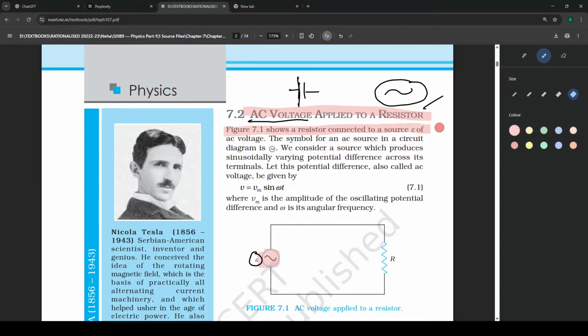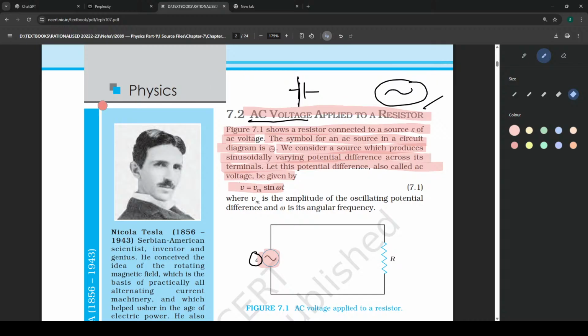It shows a resistor connected to a source E of AC voltage. The symbol for an AC source in circuit diagrams is this one, as I told. We consider a source which produces sinusoidally varying potential difference across its terminals. Let this potential difference, also called AC voltage, be given by this one.